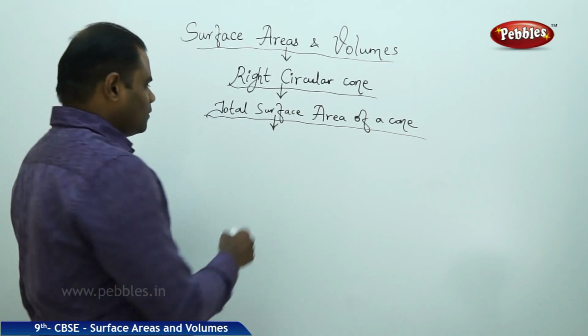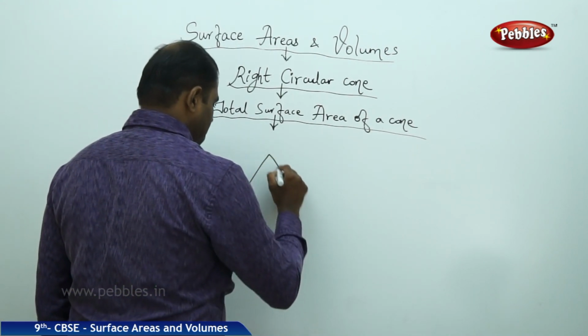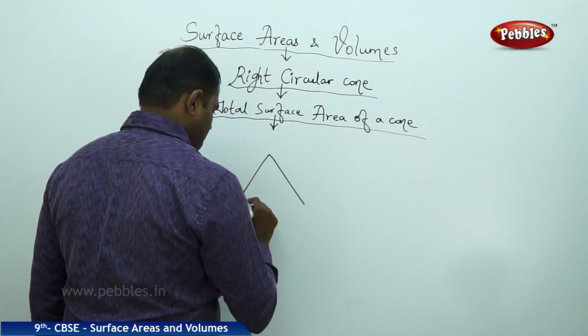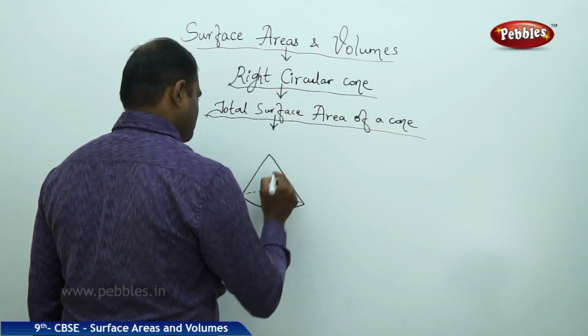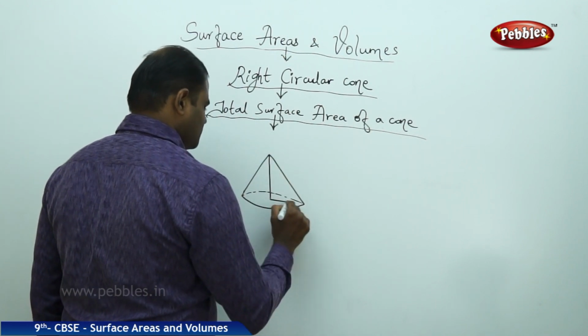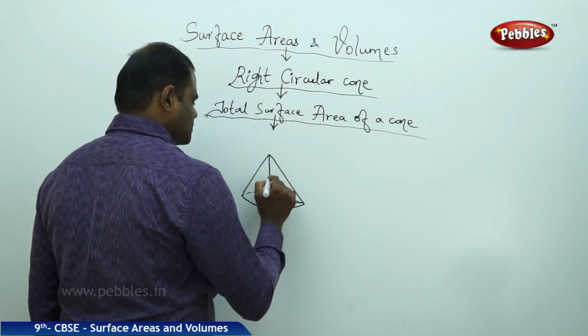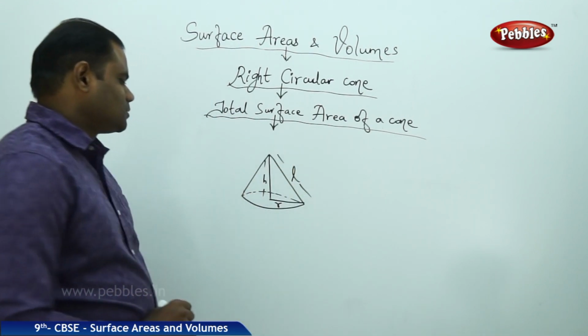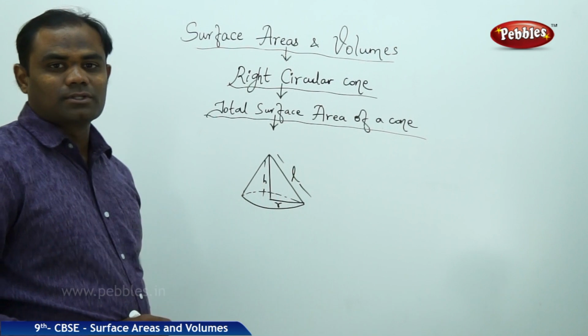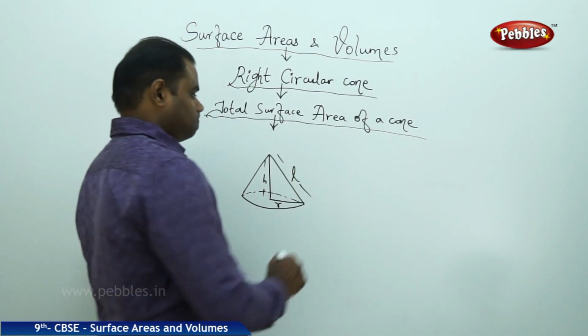So let's take a cone. We have the radius and the height and the slant height. So let's see what is the total surface area of this cone.